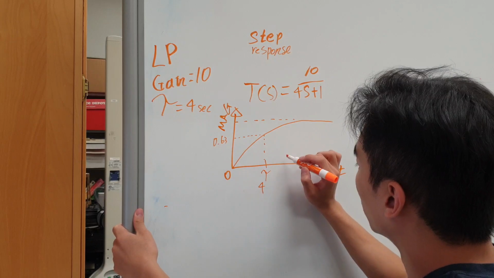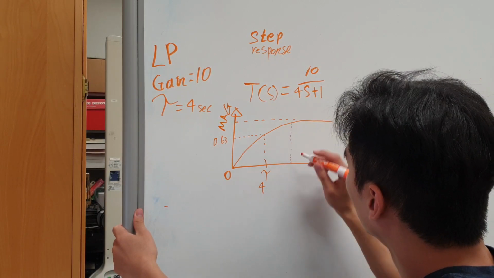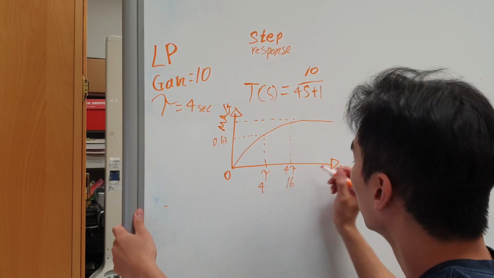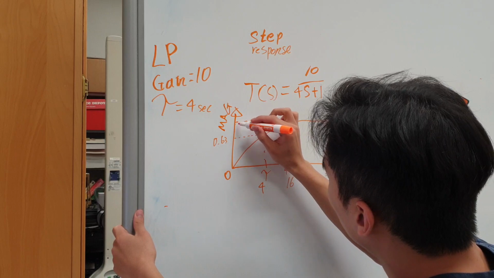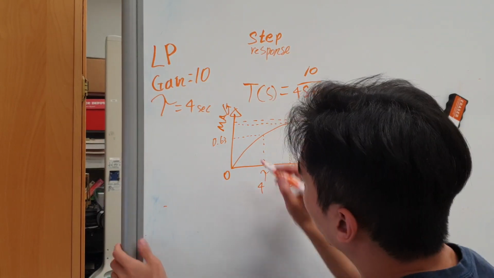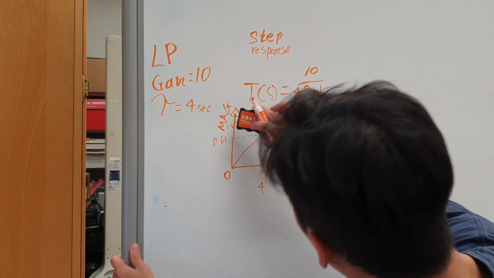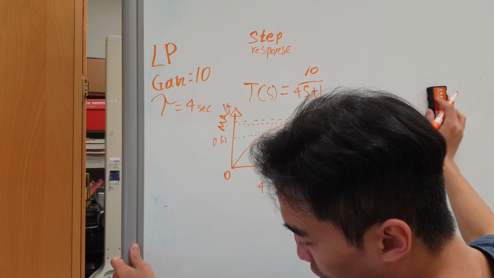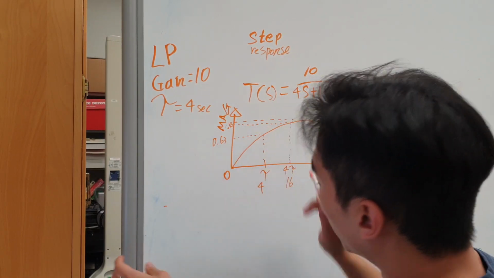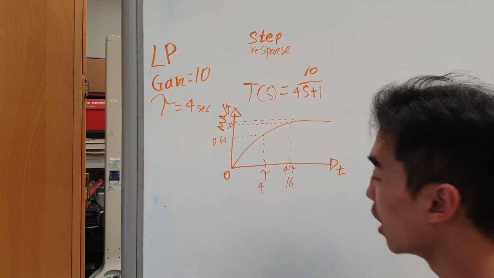So 63% of the steady state output, and at about 4 time constants, which is going to be 16 seconds, we will reach about 0.98, so 98% of our steady state output.